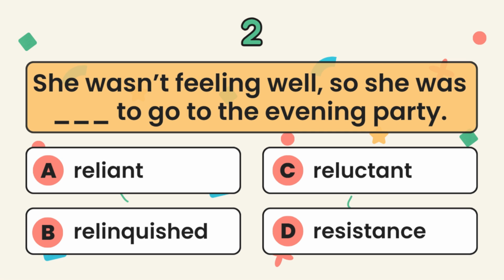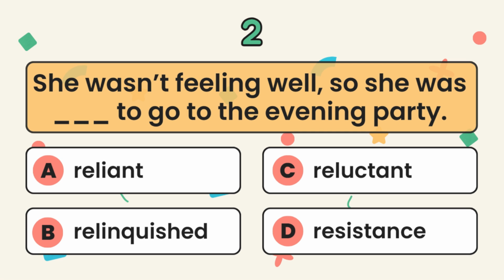Hindi lang siya sumama kasi nga there is a reason. And then resistance, hindi rin siya resistance kasi when we say resist, tinanggihan niya. Hindi naman din niya tinanggihan kasi nga may reason lang din siya. So, reluctant is the best answer for number 2, which is hindi siya willing na sumama due to his personal feeling, due to his unwell feeling.